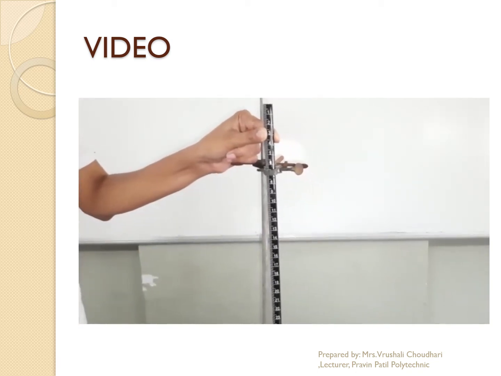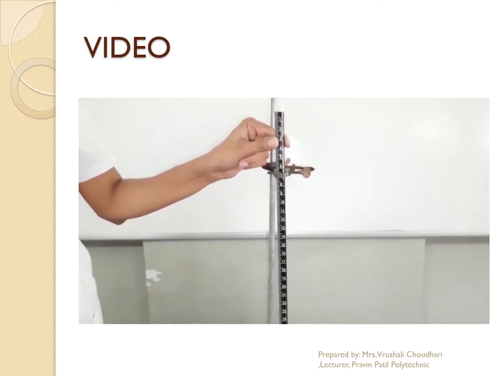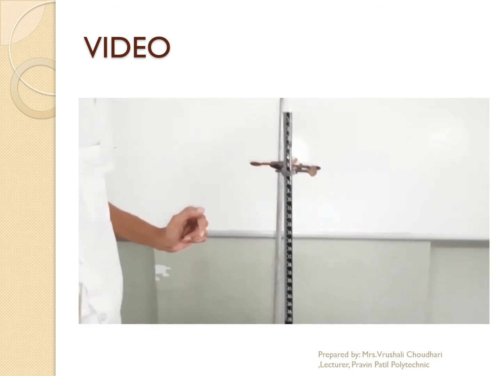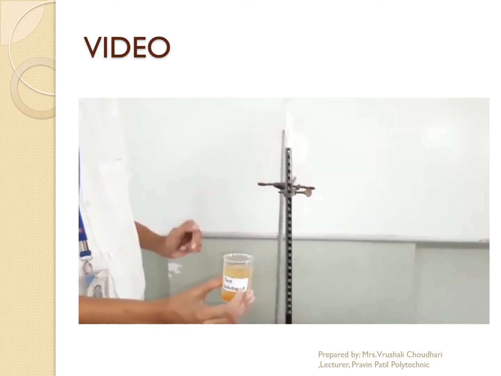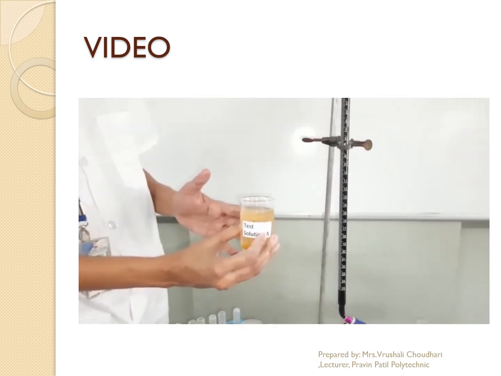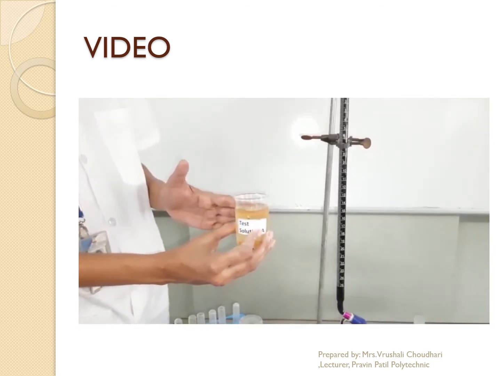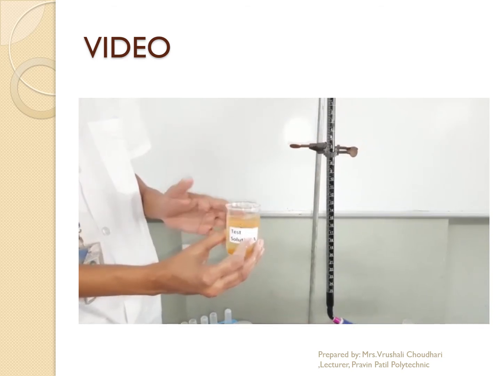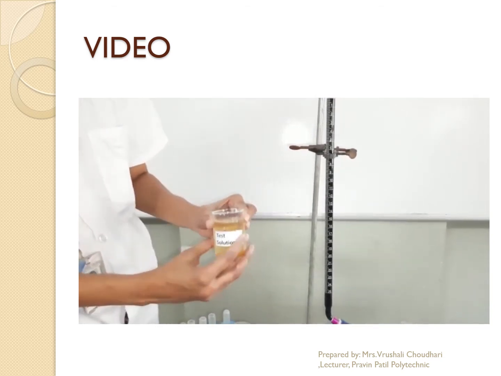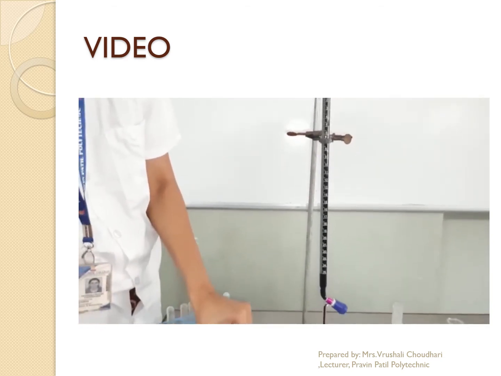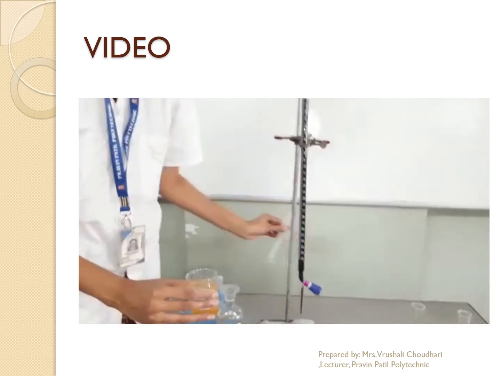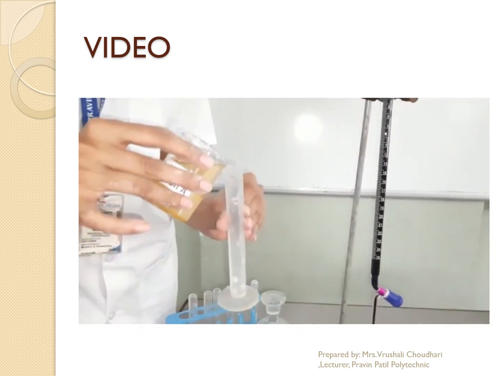Okay. Now we are going to do a titration. What is the meaning of titration? We are going to measure the quantity of Fe ion present in the solution. For that, we are taking 25 ml of test solution in a conical flask. Today we are doing it with a measuring cylinder.